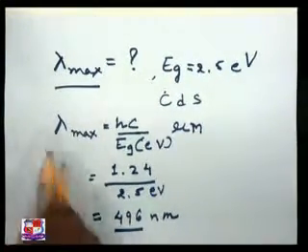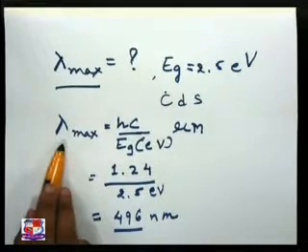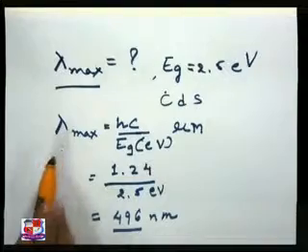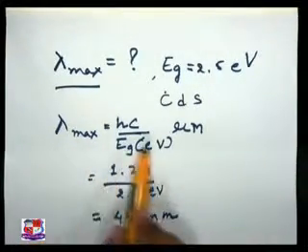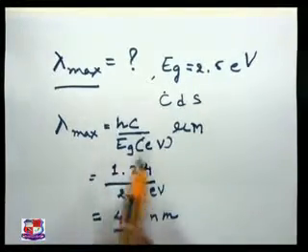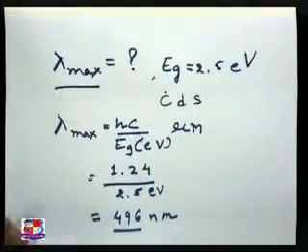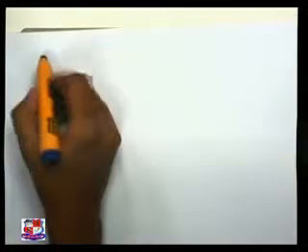We can answer in this manner: the maximum wavelength that can create an electron-hole pair in a CdS cell is given by 496 nanometer. Okay, now the next example is about the LED.